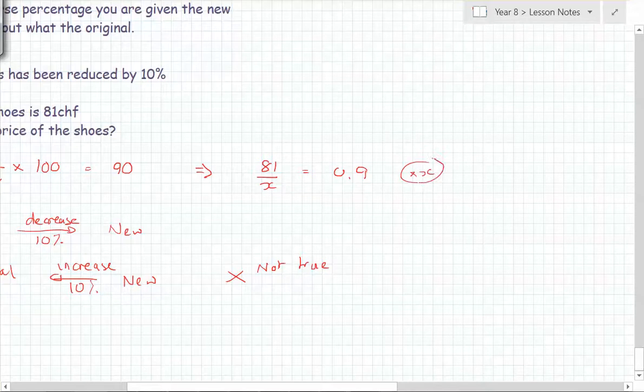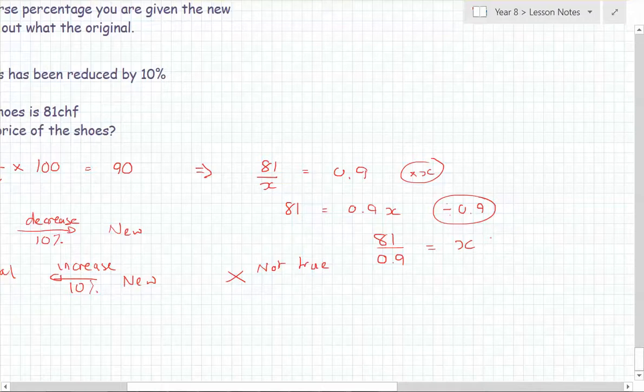This is our rearranging we've done before. So it's 81 equals 0.9x. And then I'm going to divide by 0.9 to get 81 divided by 0.9 equals x. So what we have to do is actually divide by the number, not times by the number.